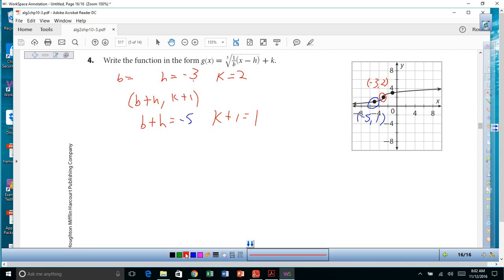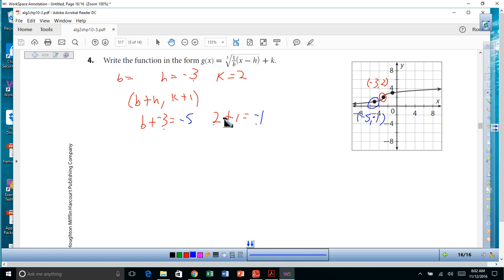All right, so what do we know up here? We know h is -3, so we'll put that in there. And we know k is 2. And since this one's here, I should be using, well, that's -5, and that was supposed to be -1. That should have been -1. Okay, that's -1.